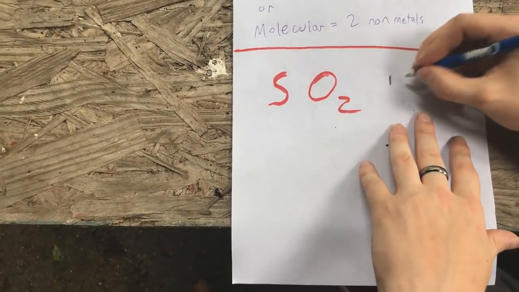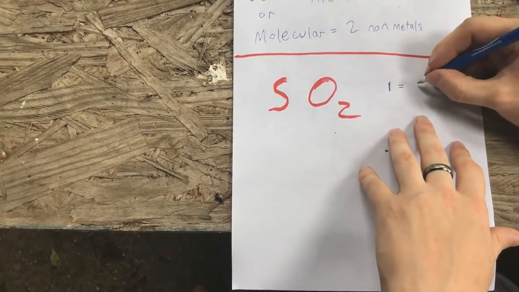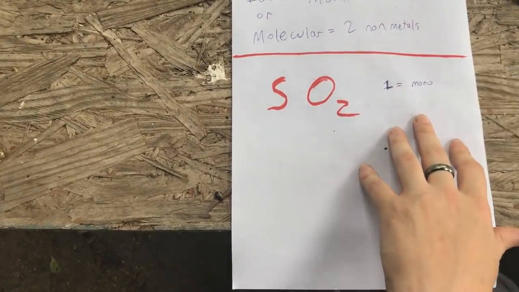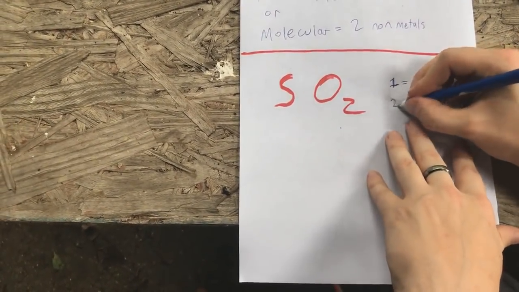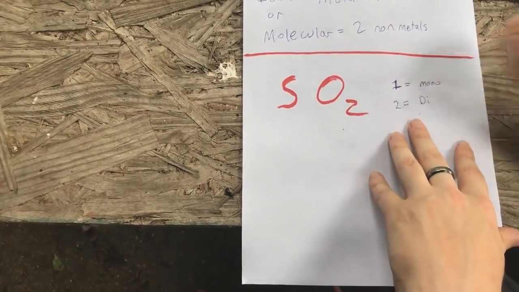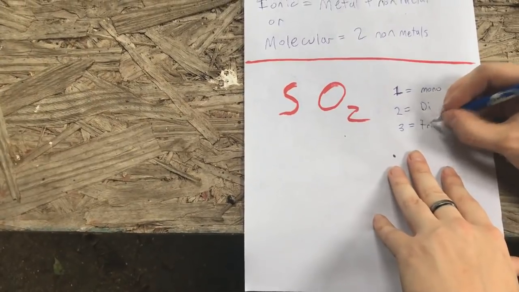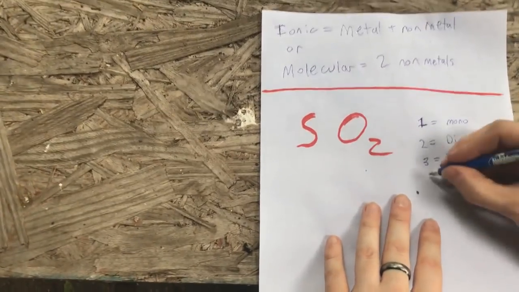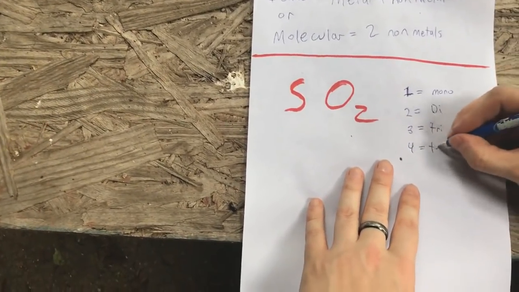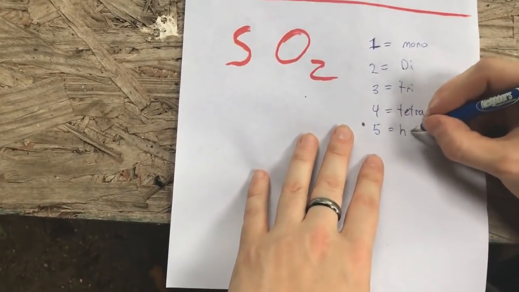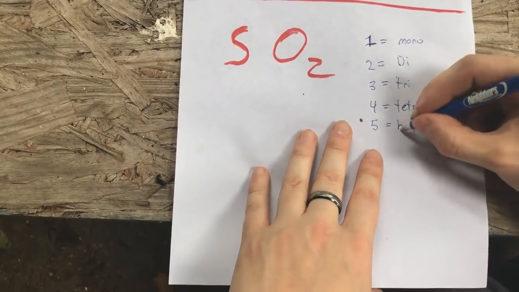Make that a better 1. 1 stands for mono. 2 is di. 3 is tri. 4 is tetra. 5 is penta.